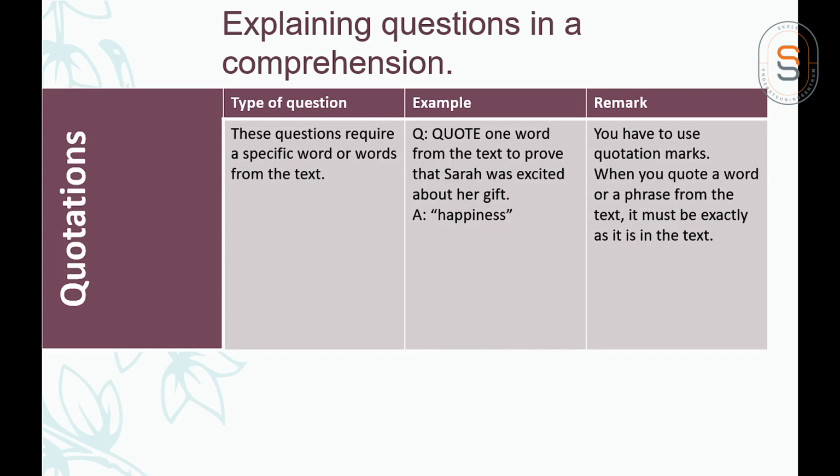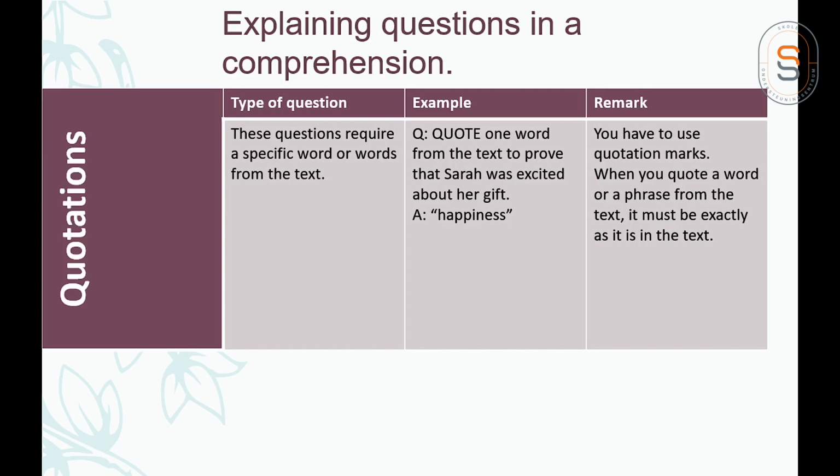Right, then quotations. Right, these questions require a specific word or words from the text. Again, read carefully. Does the examiner want one word or 2 words or 5 words? You write down exactly what the question asks.